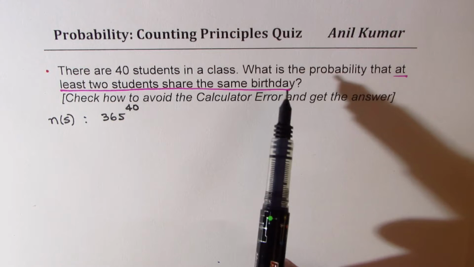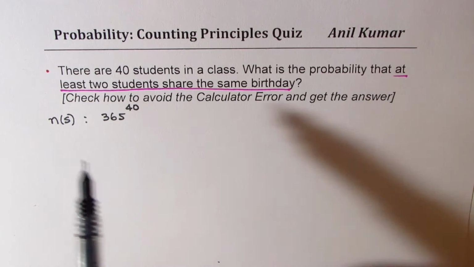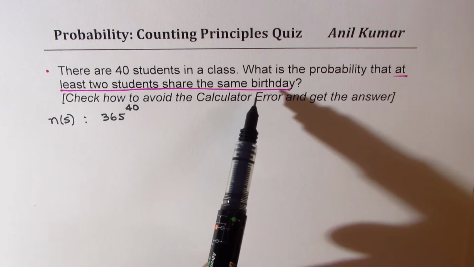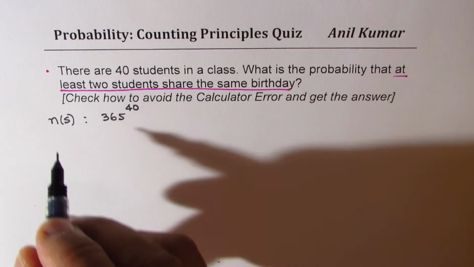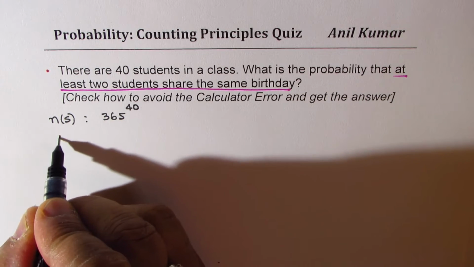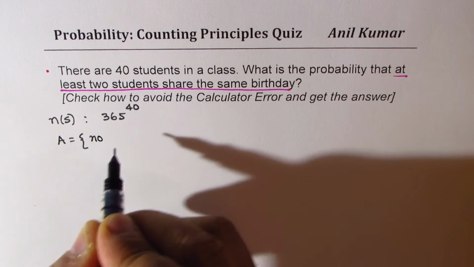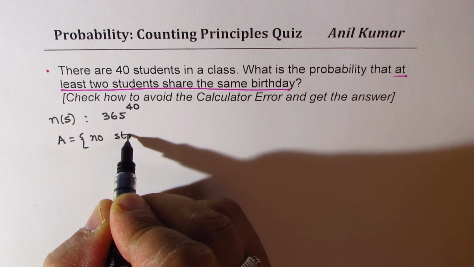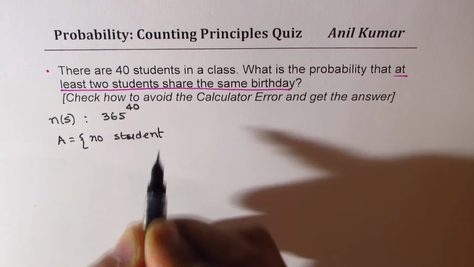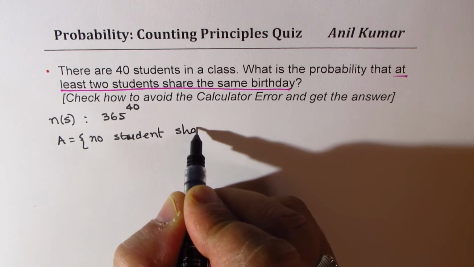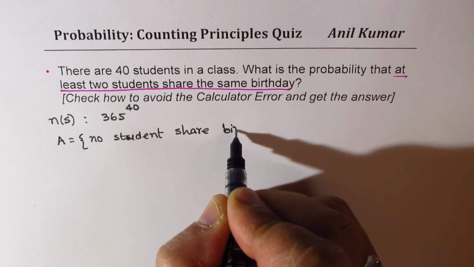Now to say what is the probability that at least 2 students share the same birthday? So we'll work out the probability for the condition that no students share birthday.